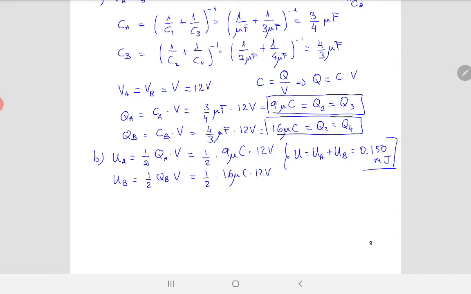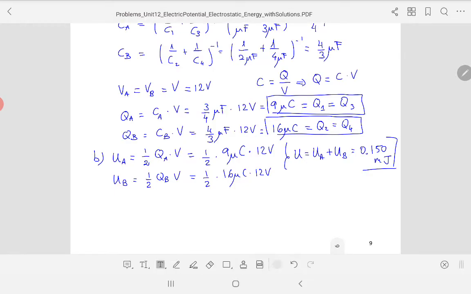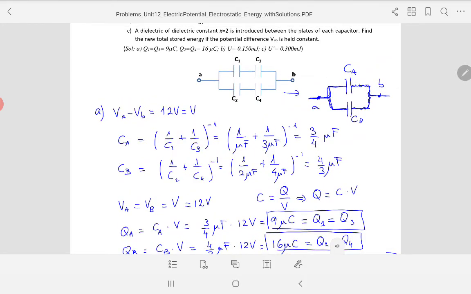In the last part, we are asked to calculate the energy stored in the case that we use a dielectric of dielectric constant kappa, and this dielectric is introduced between the plates of each capacitor.